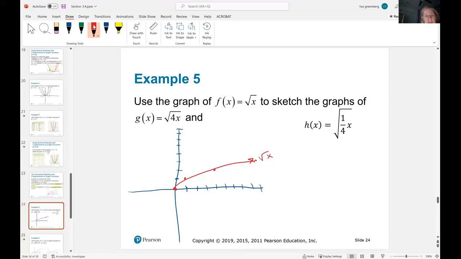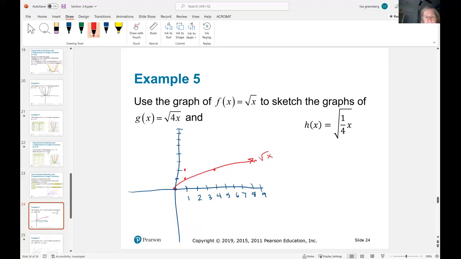Okay. And then what I'm going to do here is, this is horizontal. Notice they're both inside of the square root. So I'm basically going to change. So if this is 1, 2, 3, 4, 5, 6, 7, 8, 9, then here, when x is 1, you can see that y is going to be 2, right?